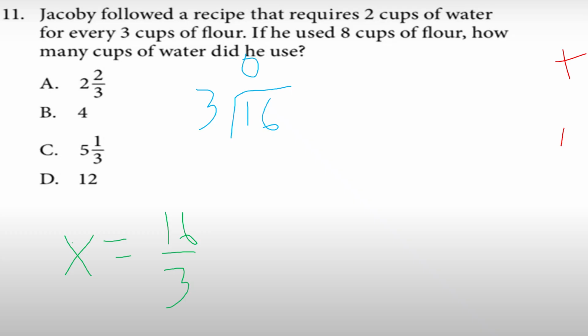But 3 can go into 16, and it can actually go into 16 5 times. And we know that 5 times 3 is 15. We subtract 15 from 16. That gives us 1. So since we don't have any decimals over here, we can stop right here. So we have 5 as the whole number. That remaining 1 becomes the numerator, and the denominator becomes the 3. So our answer is C.